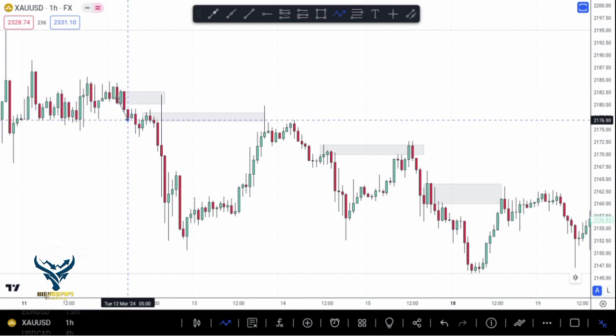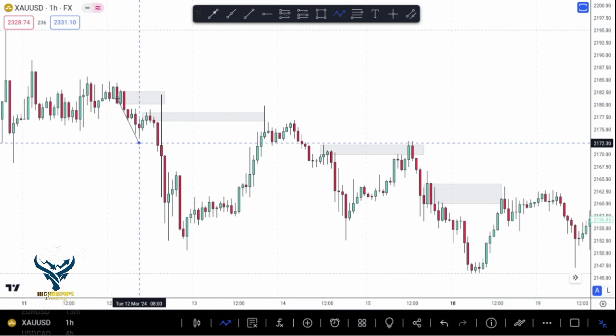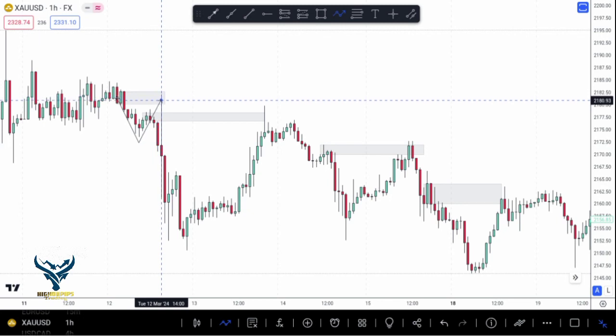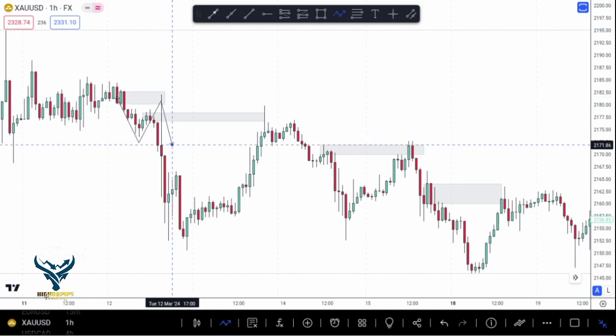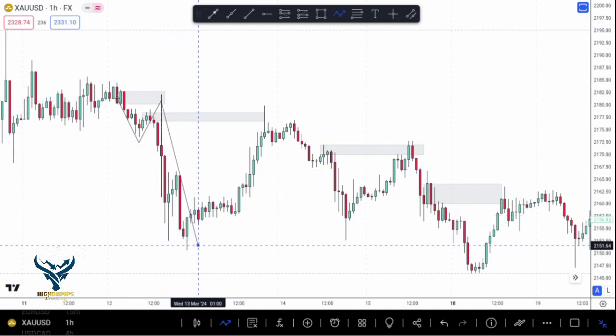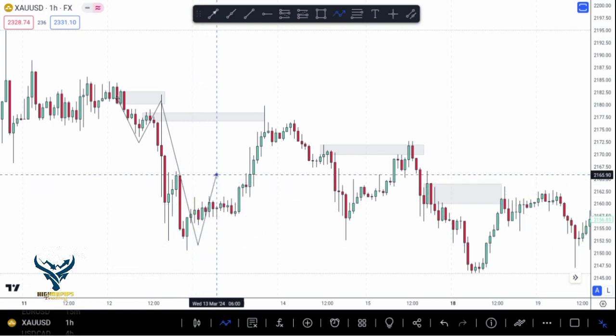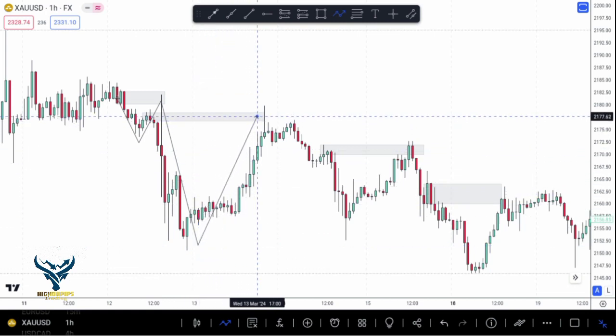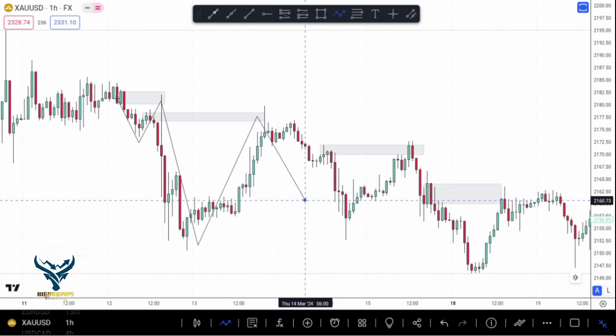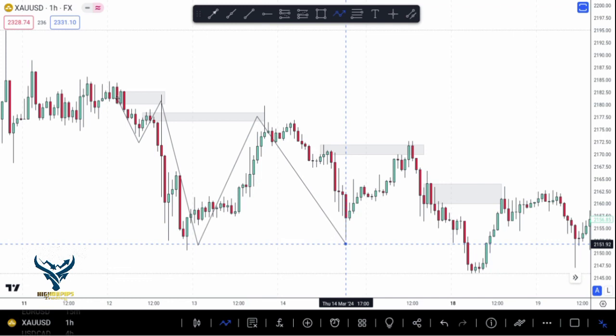It came down and then it went up. It found resistance. It resisted on this order block, and then it came down, it went up, it found resistance at an order block there, it came down again, it came down here, and then it went up.